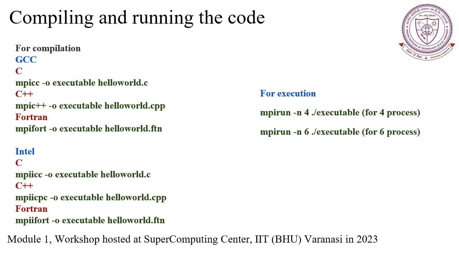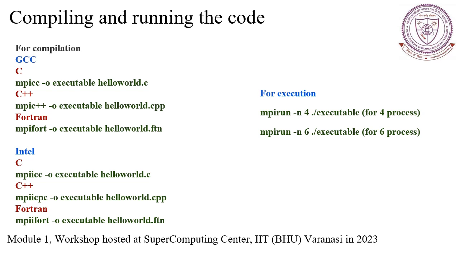Now, here I have given, for all your code, whether you have written it in C, C++, or Fortran, how to compile it. To compile an MPI program with GCC, we write mpicc. For a C program, we write mpicc -o, then the executable name, here I have given just executable, and your program hello_world.c.